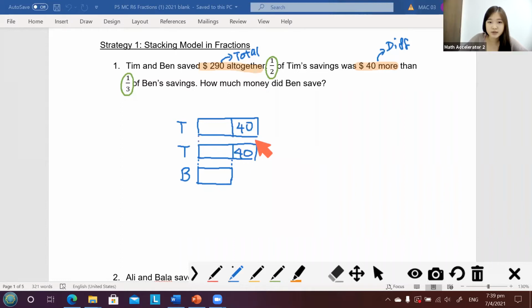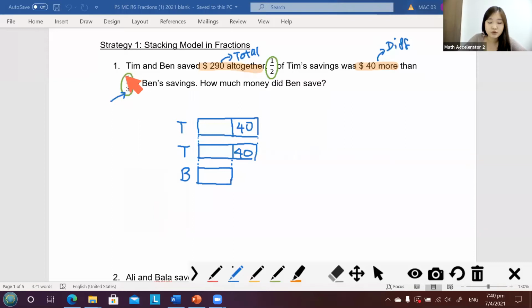This makes the question a lot more visual for us. It's a lot simpler once we draw the model. So half and half. We have one whole for Tim's savings already. How about Ben? What did we draw? We drew only 1/3 of Ben's savings. Look at the denominator.